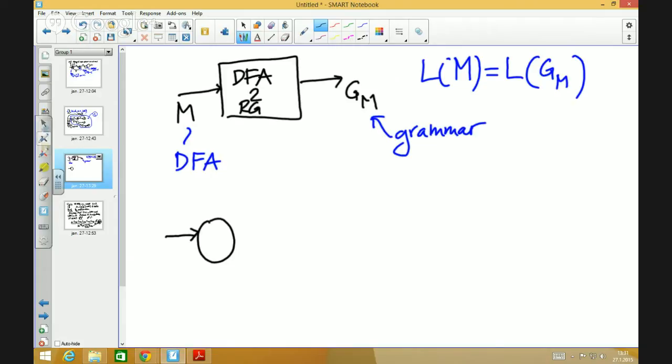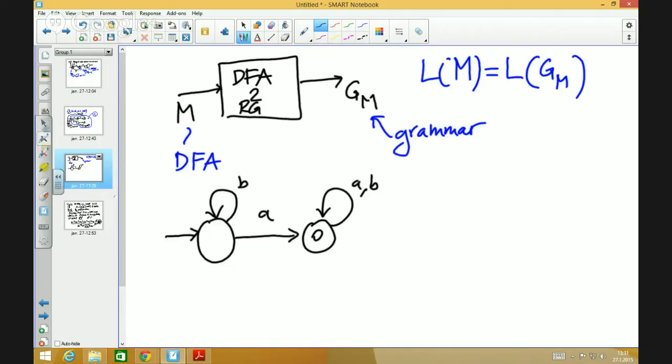Does it contain an A somewhere? No. If we see an A, then we accept. And after we've seen an A, it doesn't matter what follows. And here, if we are in the start state and we see a B, what do we do? We loop. This state means I haven't seen the thing I wanted to see. This means I've seen the A somewhere.